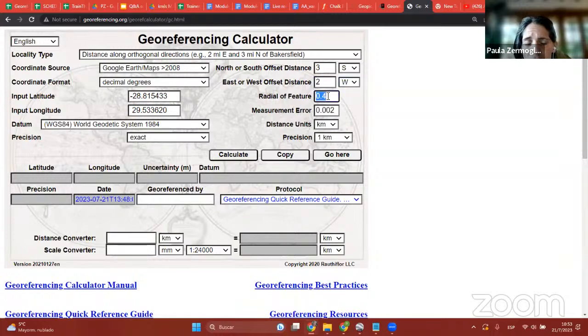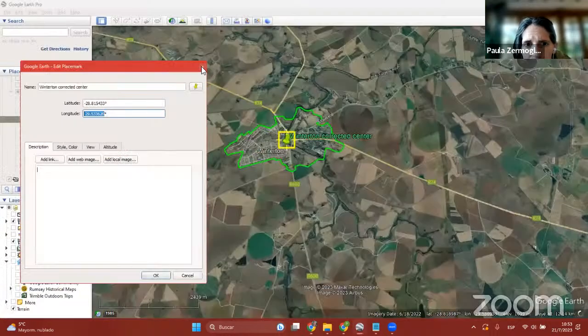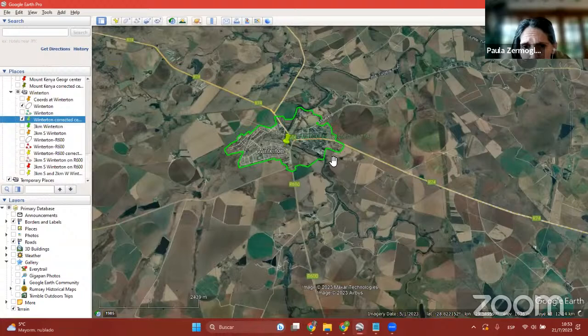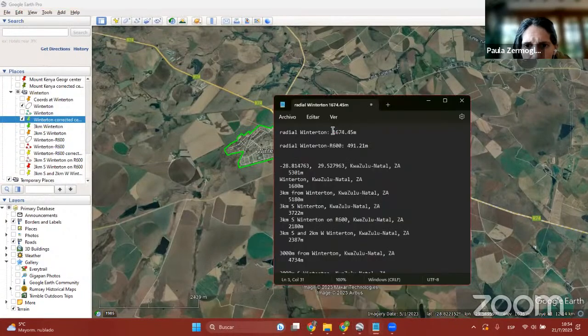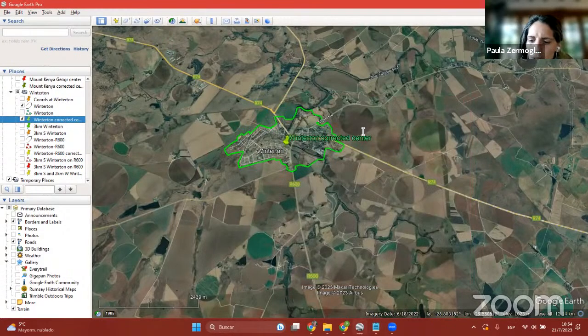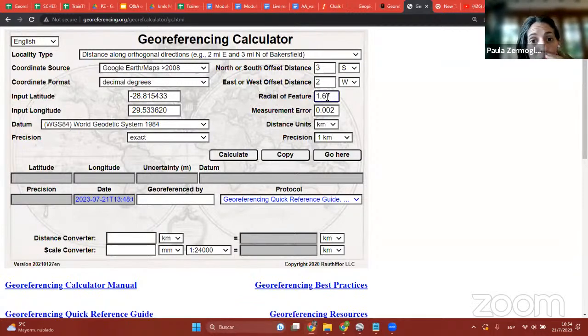And the radial of the feature has to be the radial of Winterton, which is our reference feature. I have that radial copied here. The radial of Winterton was 1.67 kilometers. All the rest is fine.